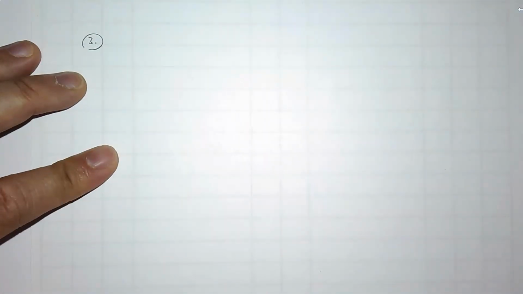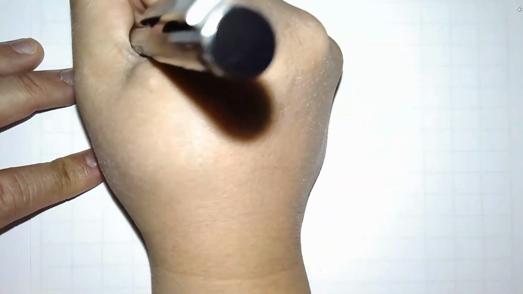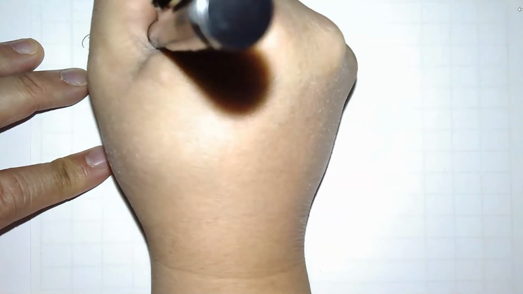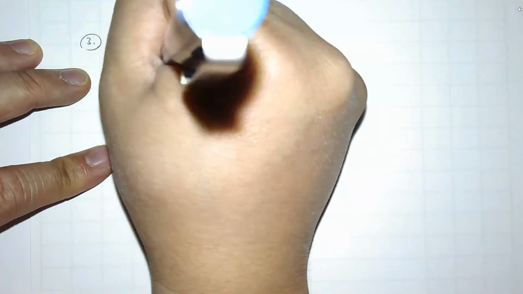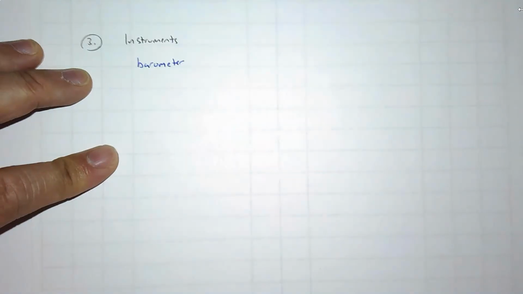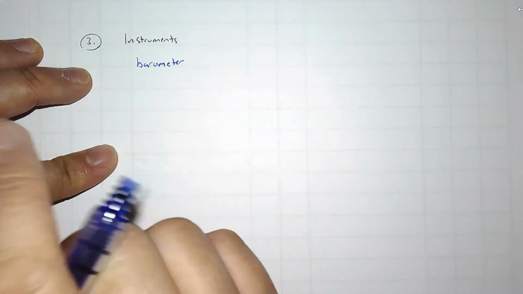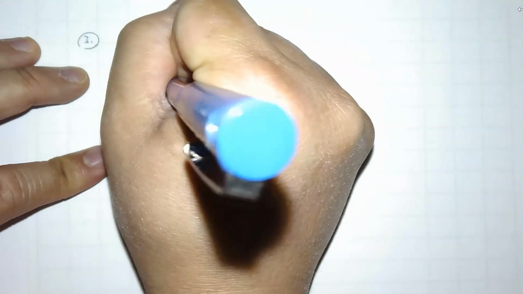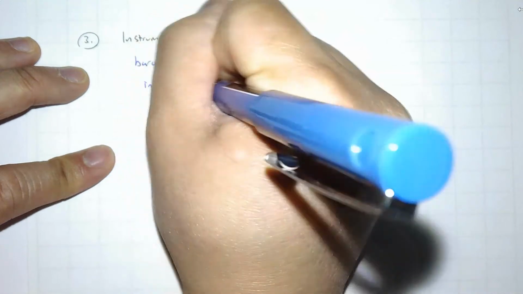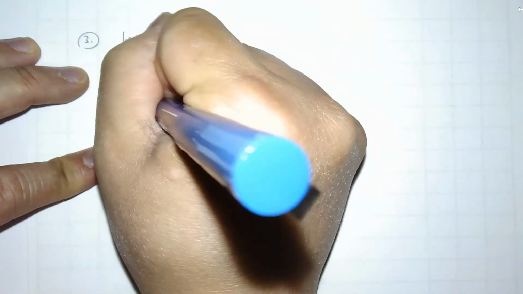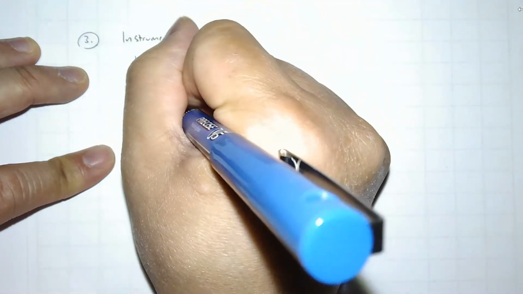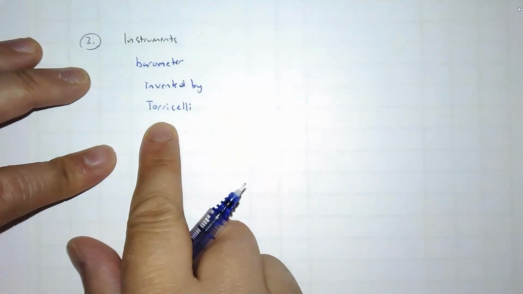Number 3, let's say number 3 is instruments. And the first one is a barometer. And actually, this was the one that was invented by Torricelli. So that's where Tor came from.